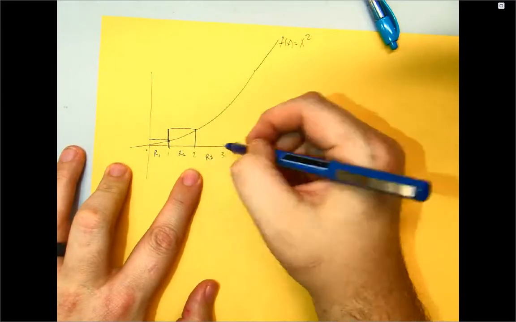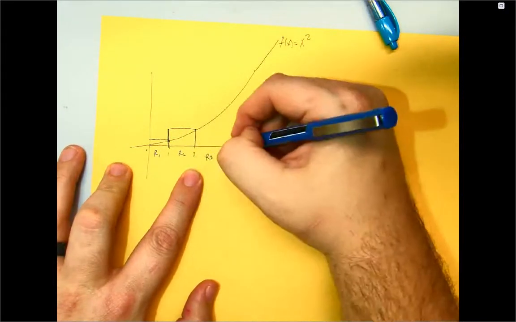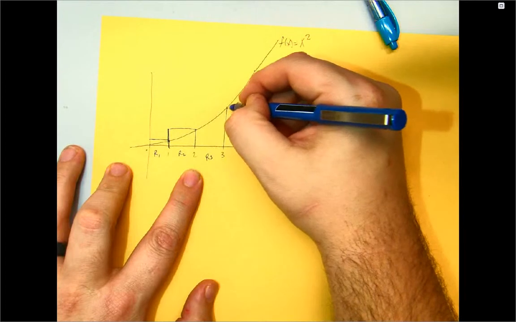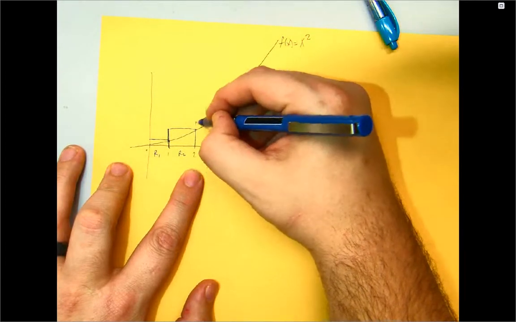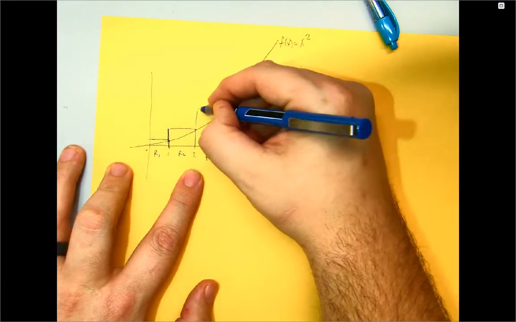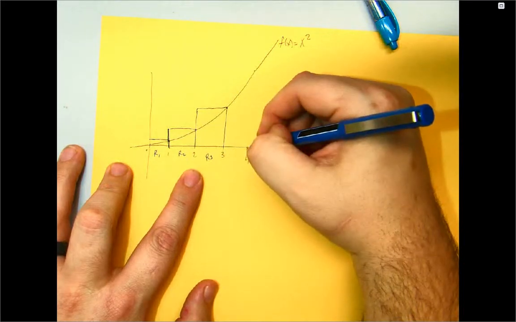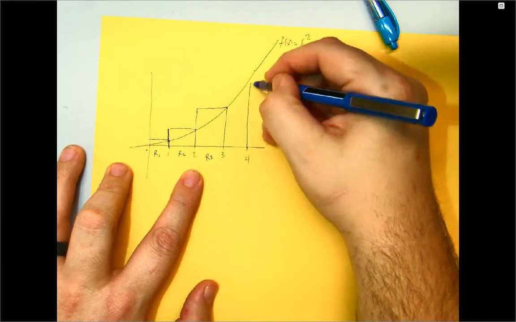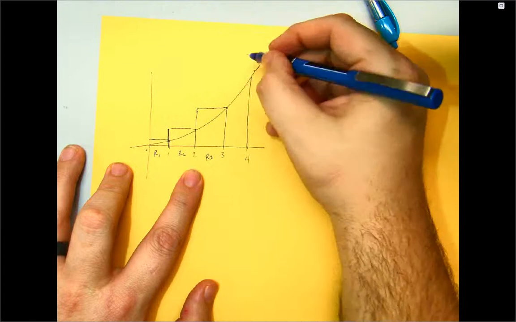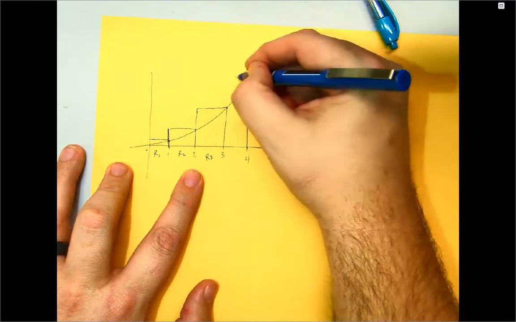So I'll go up to where the graph is at 3, and that will be the construction of my new rectangle. And for 4, am I going to use 3 or 4?